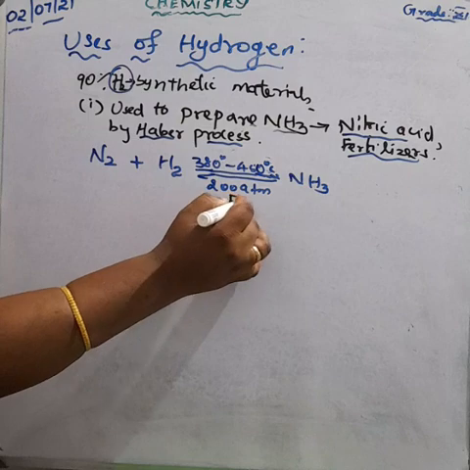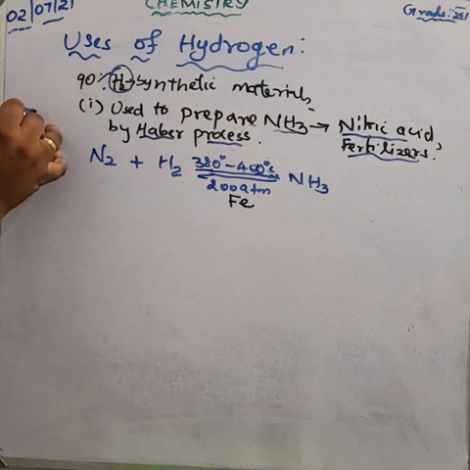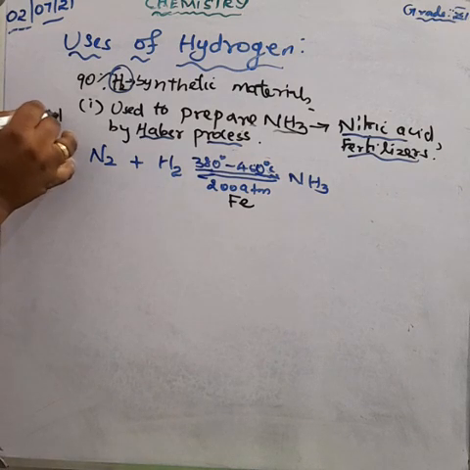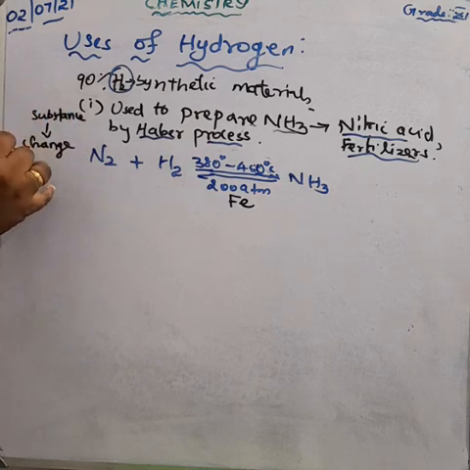Here we are using a catalyst. What is the catalyst name? Iron, Fe. Fe is used as the catalyst. What do you mean by catalyst? Catalyst means a substance used to alter the speed of the reaction. Maybe it increases the speed, maybe it decreases the speed. That is called a catalyst.